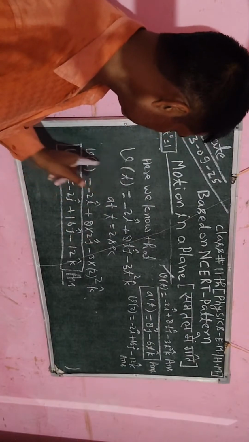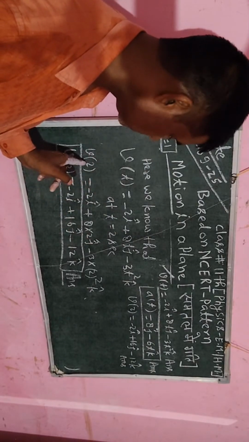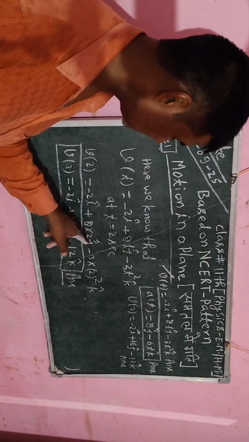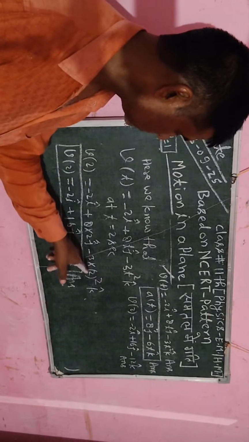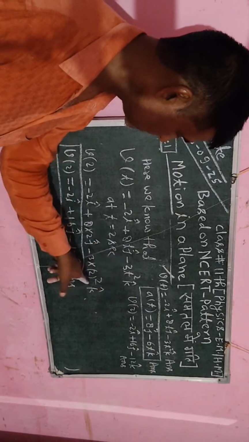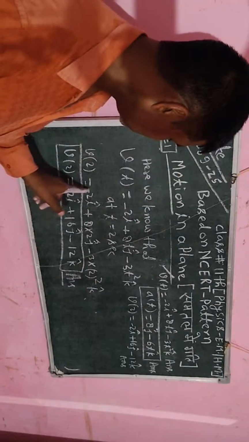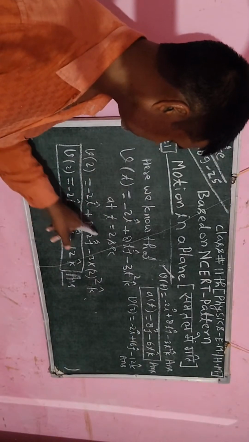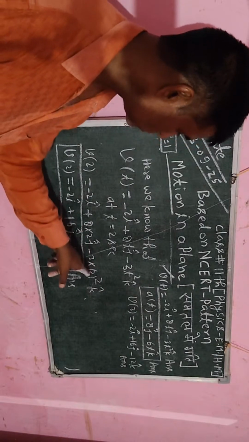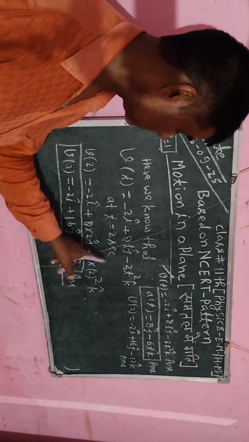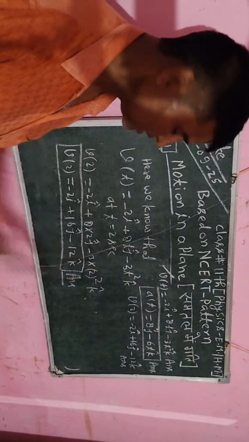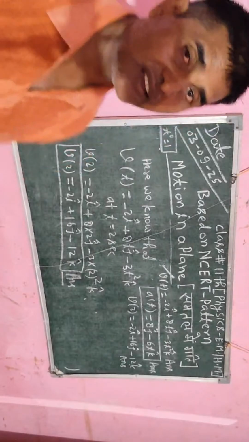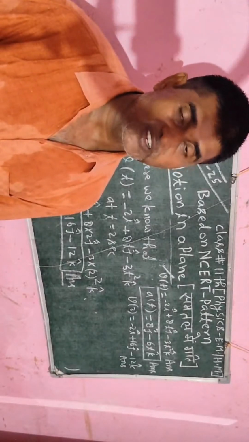Here it is minus 2 vector i cap plus 8 into 2 vector j cap minus 3 into 2 whole square vector k cap. So here I have to write minus 2 vector i cap plus 16 vector j cap minus 12 vector k cap. So this is the required answer of the velocity vector as per the given information in the question.